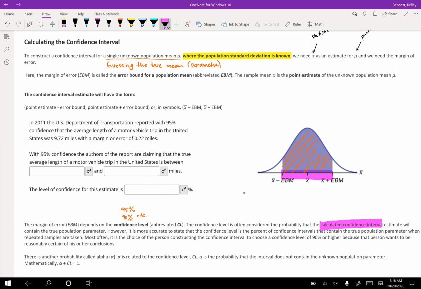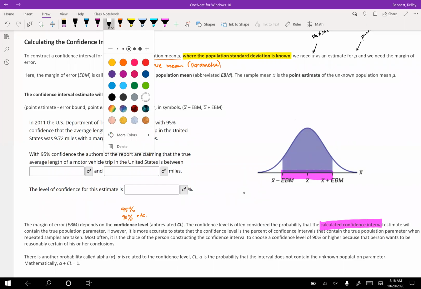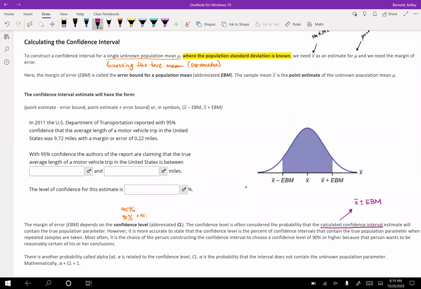Okay, so just to get used to the idea of what we're doing, we are going to start with a point estimate, which is X bar. And then we're going to determine this error bound for a population mean, or the EBM. You can also think of this as the margin of error. Sometimes it's called that.